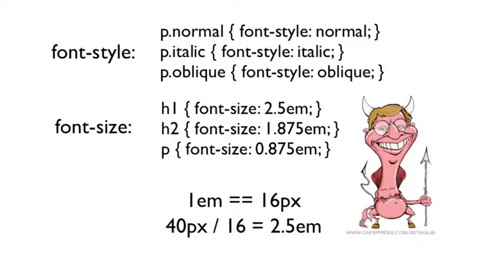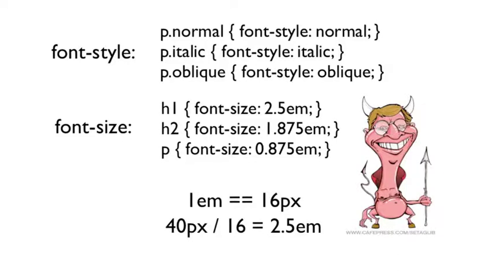Our Microsoft Internet Explorer, when you resize a page, it doesn't work properly with pixels. So the EMs are used to make sure that we are still working well with our Internet Explorer users, which of course are still the majority.